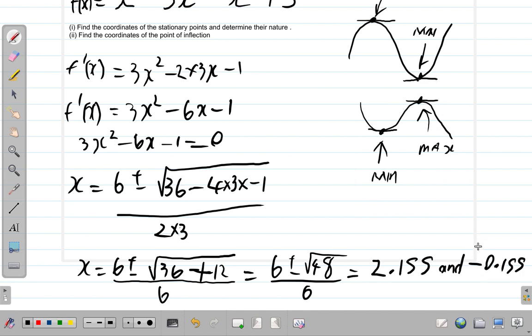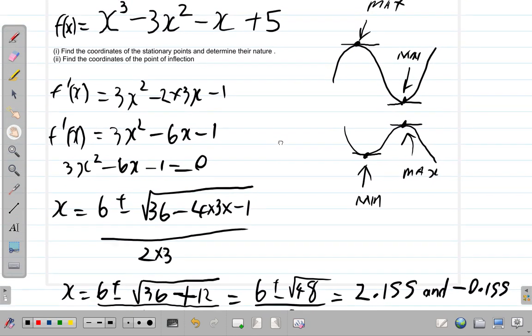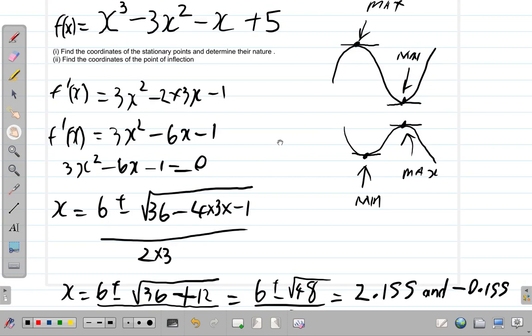Alright, so the stationary points would be located at 2.155 and negative 0.155. Okay, good. So let's make a note of the locations.